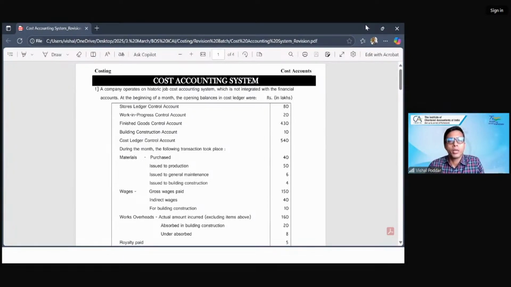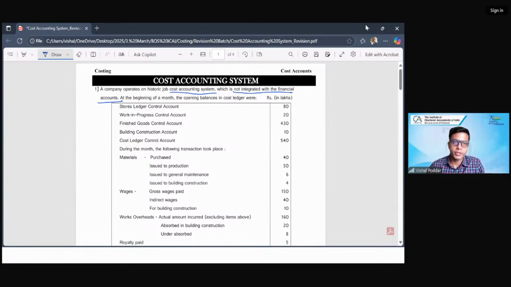So now, interestingly, the first point that you have to always address in these sums is which method of accounting is followed, whether it is integrated or non-integrated. Now, at times, the question may spell this out, so the question itself is mentioning that your cost accounting is not integrated.